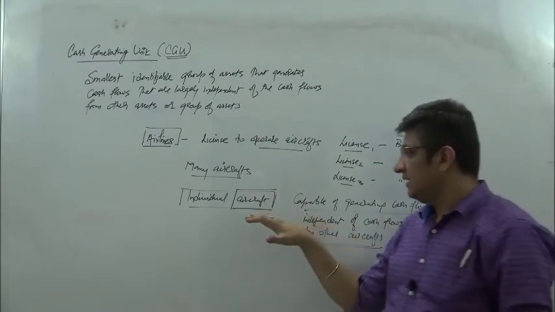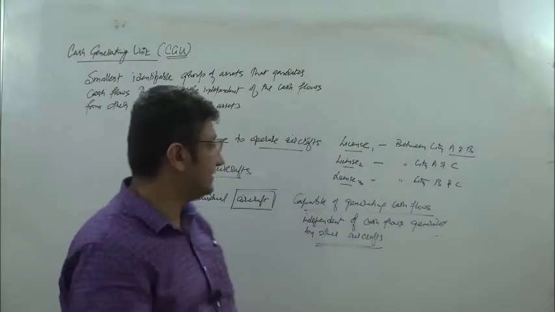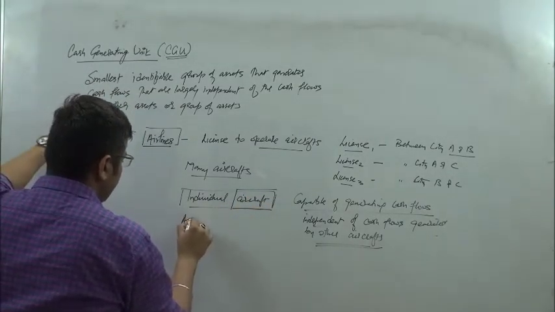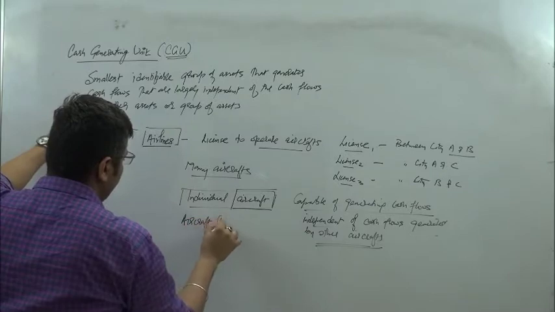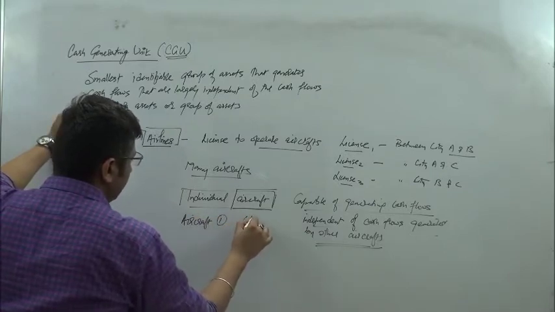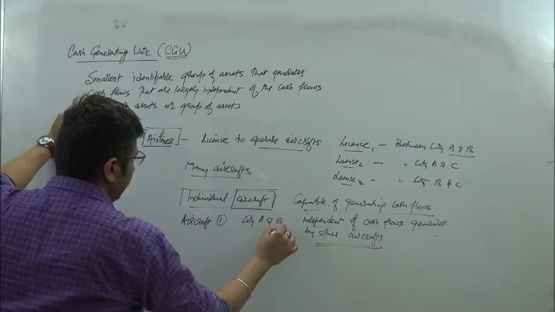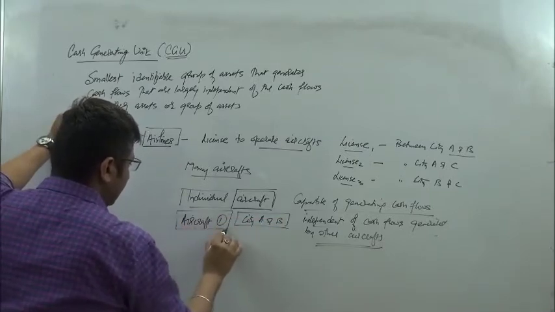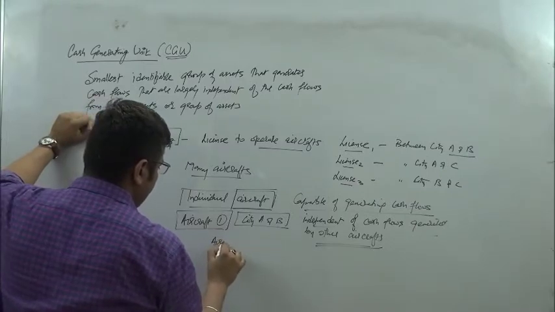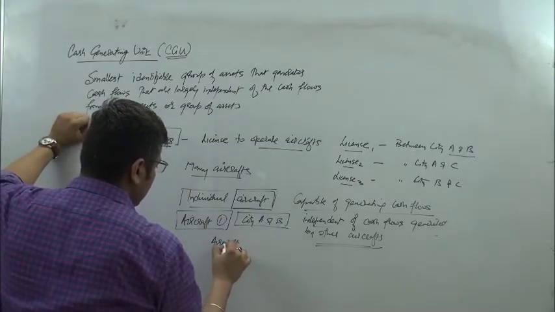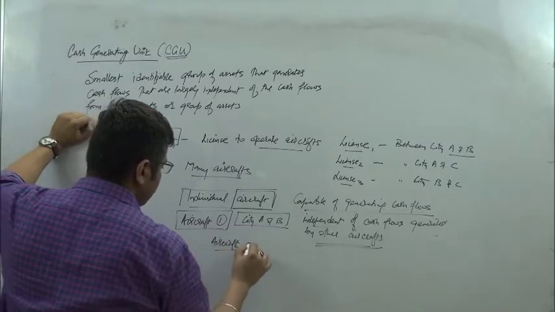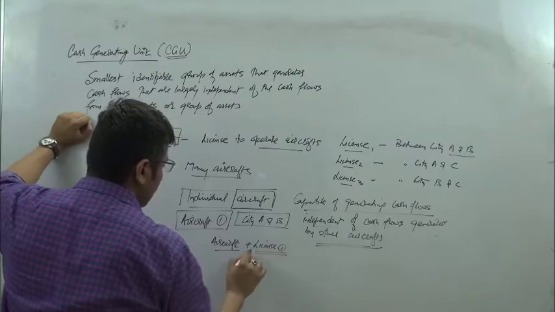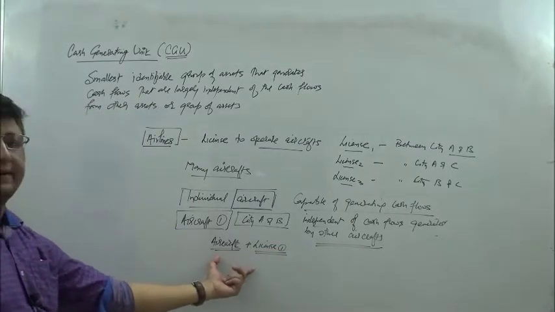Which means if there's an aircraft 1 which operates between city A and B, you do not only need the aircraft to generate cash flows, but you also need license 1 to be able to do that.